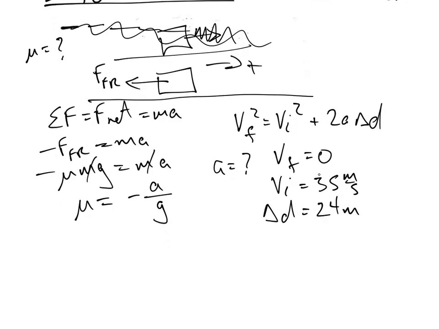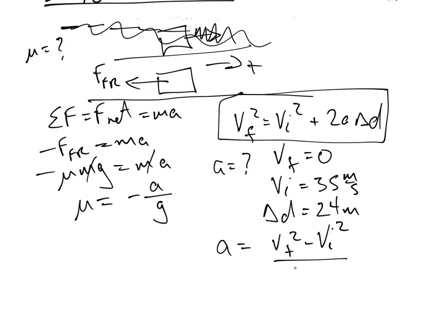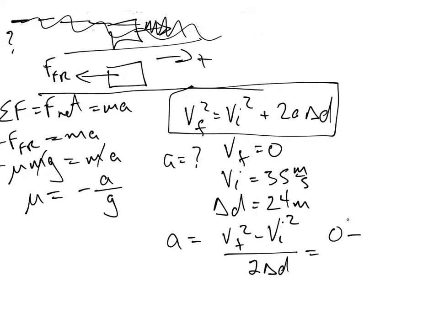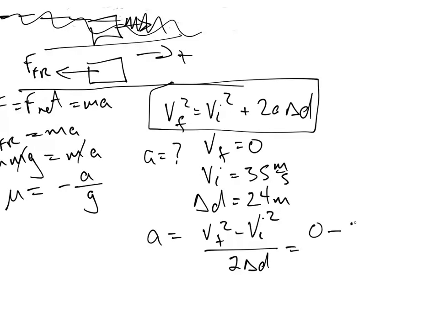Therefore, I can calculate the acceleration. Acceleration is equal to v final squared minus v initial squared, divided by, after doing some algebra on this equation, 2 times delta d. Therefore, I have 0 minus 35 meters per second squared divided by 2 times 24.